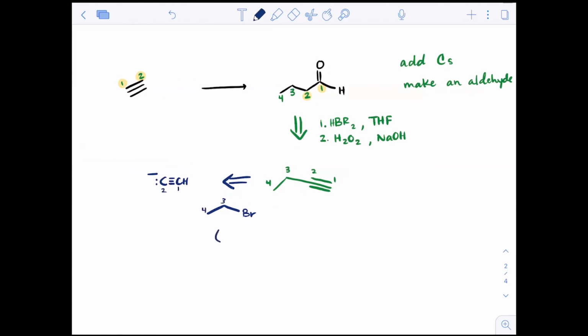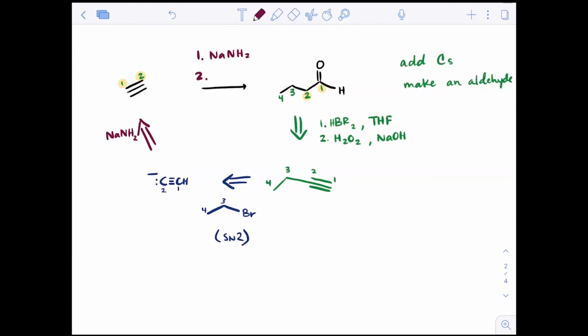That SN2 reaction with our new alkylide nucleophile, the carbon that's sp hybridized with a negative charge. How do I make that? Throw in a reactive base. Sodium amide is great. Sodium amide would be the first step to deprotonate that terminal alkyne.